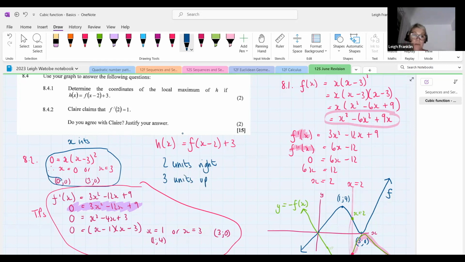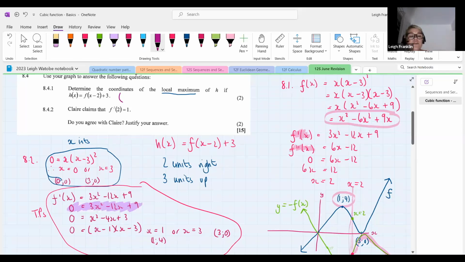So you are shifting the graph 2 units to the right and 3 units up. But they asked us to look at the local maximum. We're looking at our original blue graph. Here is our local maximum at 1 and 4. They want the coordinates of the new maximum when we have shifted this graph 2 units to the right and 3 units up. So what will the new coordinates be?